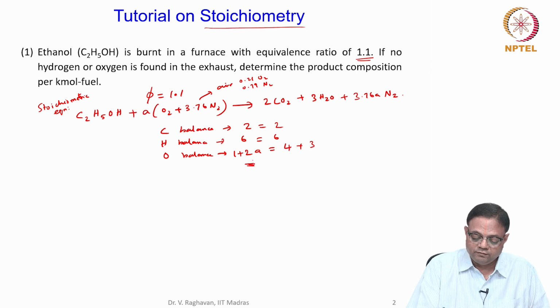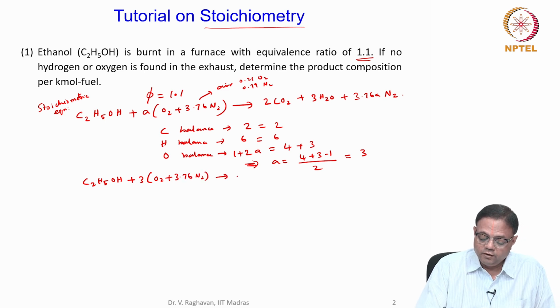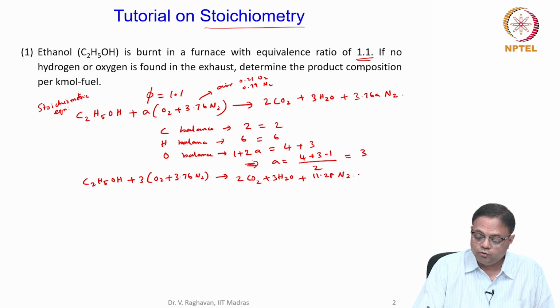So this implies A will be equal to (4 plus 3 minus 1) divided by 2, which is equal to 3. So the stoichiometric equation can be written as C2H5OH plus 3 times (O2 plus 3.76 N2) giving 2 CO2 plus 3 H2O plus 11.28 N2.